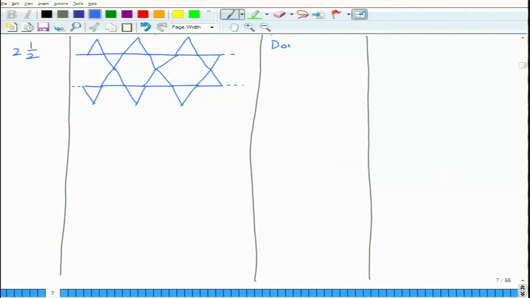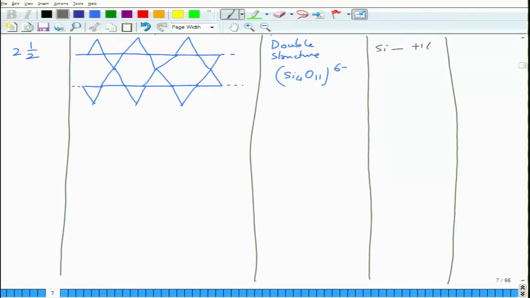This is called a double structure, which is based on Si4O11 6 minus. So, the charge balance in this case: you can see that silicon will be 16, oxygen will be -22, and the net will be -6.